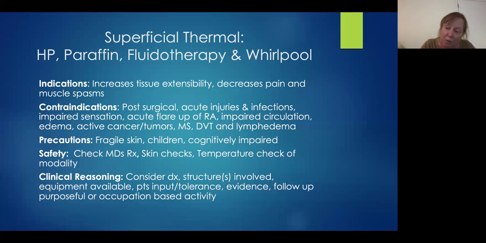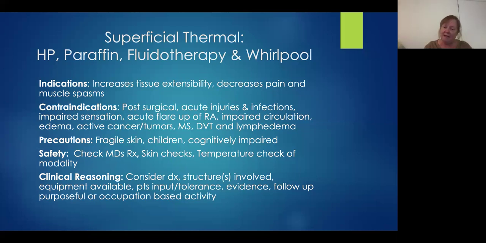Or sometimes, if we decide we need to because they have tightness in their joints and we want to increase that extensibility, we may use extra toweling between the person's skin and the hot pack or whatever modality you're using. Also, children: you have to be cautious when you're using any kind of heat modality on a child. Are they going to be able to verbalize and tell you that this feels too hot?